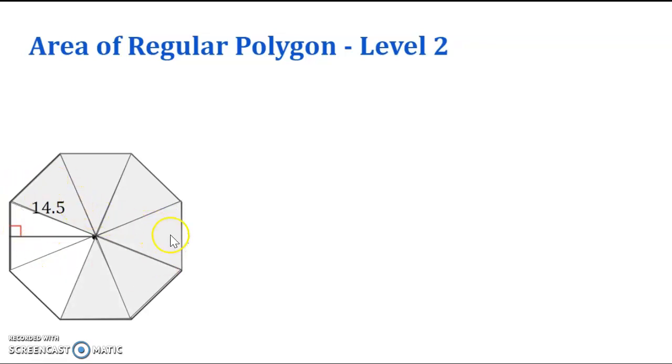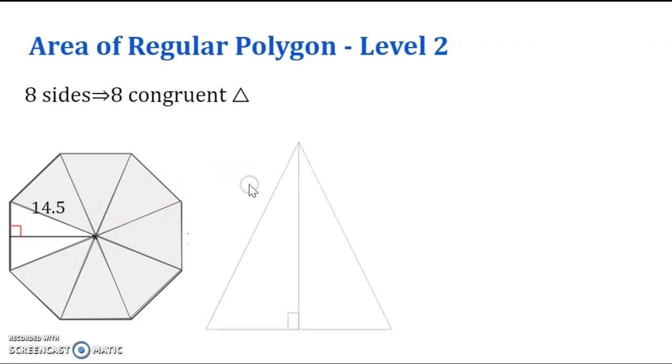In this case, we have an 8-sided polygon, an octagon, so we are going to divide that into 8 congruent triangles. And in each triangle, we know that the radius length was 14.5. That means the other radius was also 14.5, and we have a right triangle.